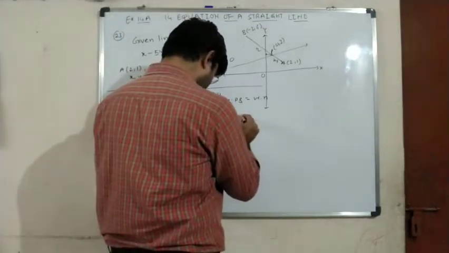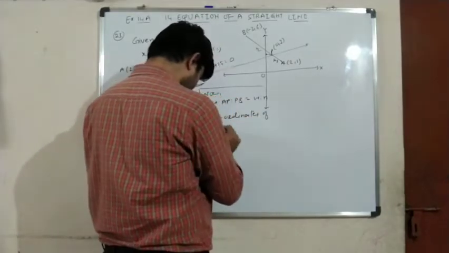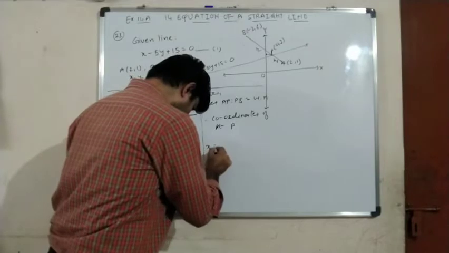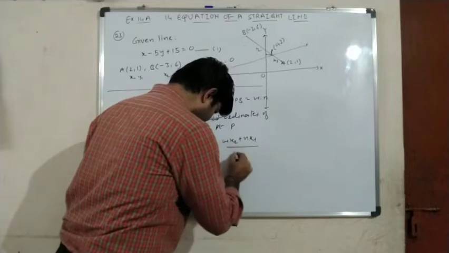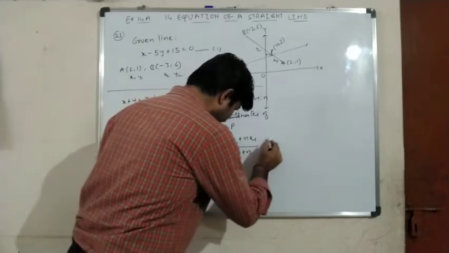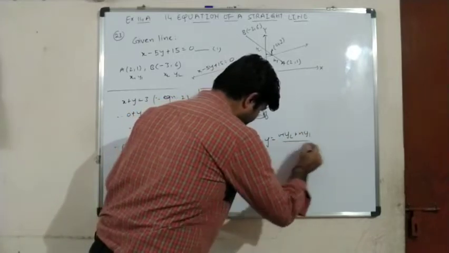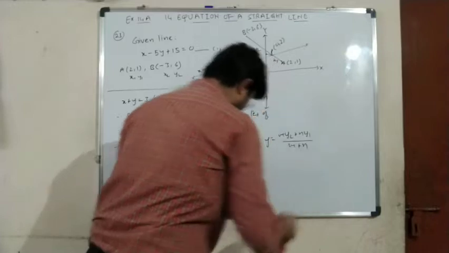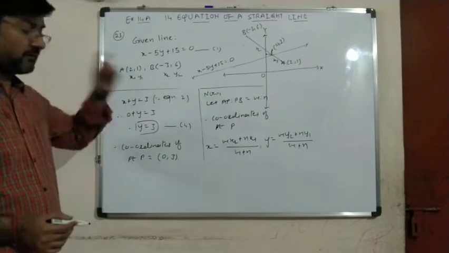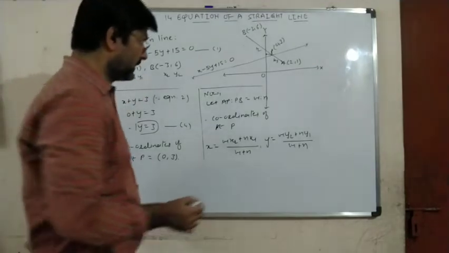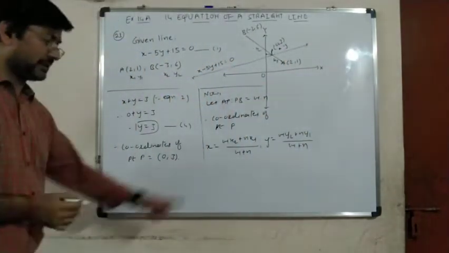Coordinates of point P, yes or no, will be given by x is equal to (mx2 plus nx1) upon (m plus n), and y is equal to (my2 plus ny1) upon (m plus n), and coordinates of P will be x, y. Clear? So x is 0.